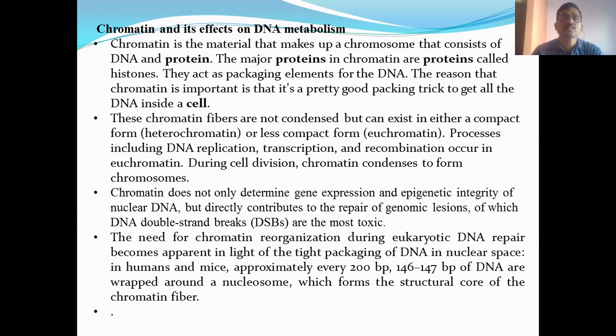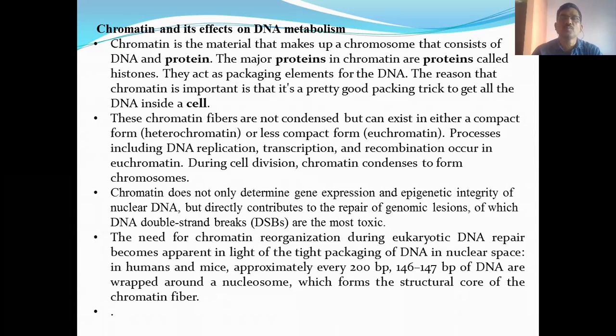These chromatin fibers are not condensed but can exist in either a compact form. Means on this chromatin fiber, the DNA is basically divided into two types. The compact form of the chromatin is known as the heterochromatin, or the less compact form of the chromatin is known as the euchromatin.